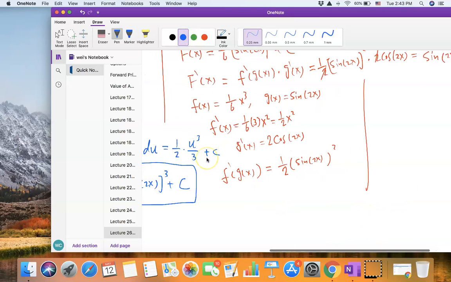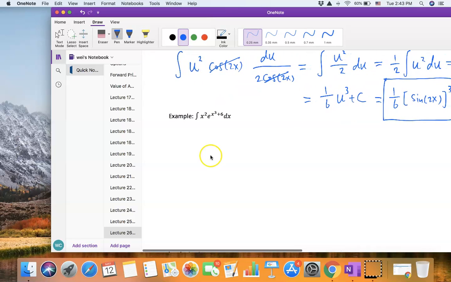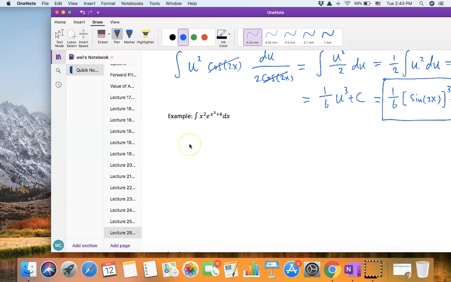All right. Okay. Let's take a look at this problem. Here we have the integral of x squared times e to the power of x to the third plus 6.